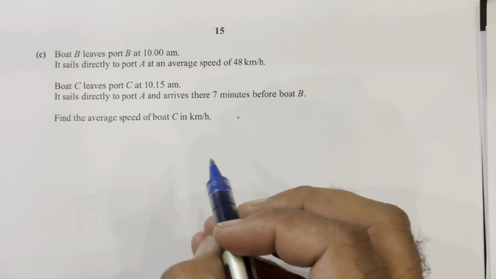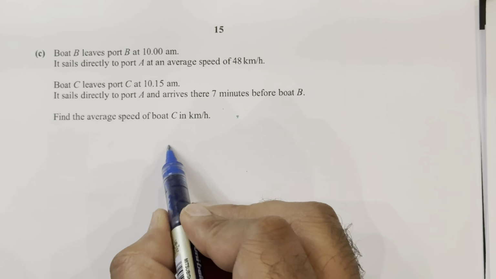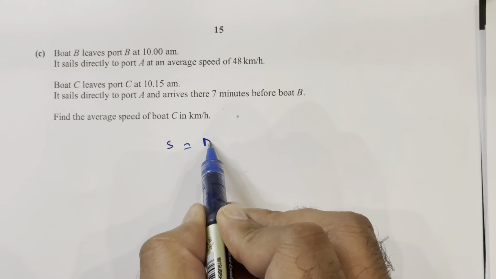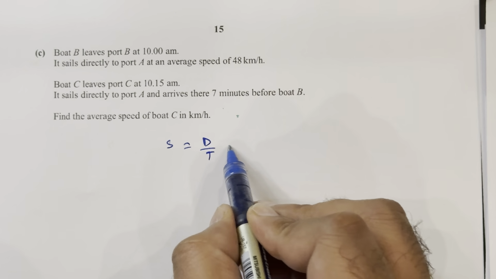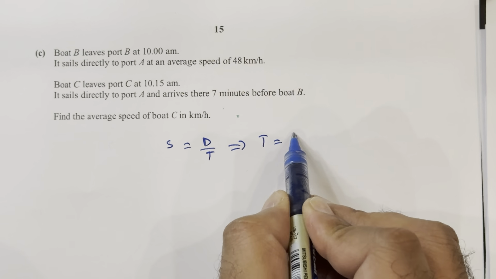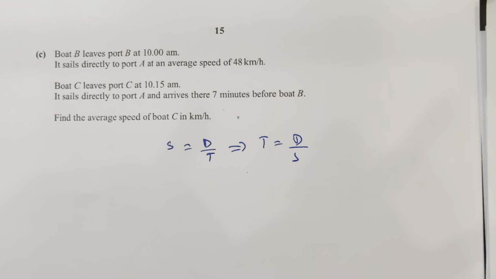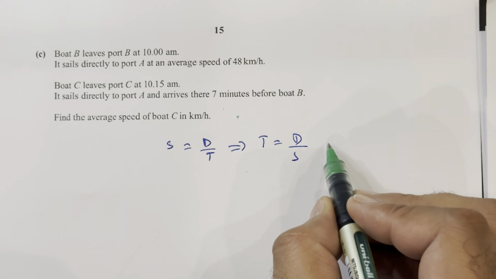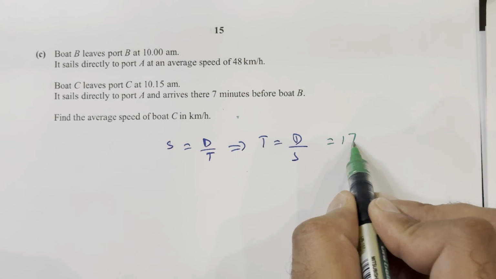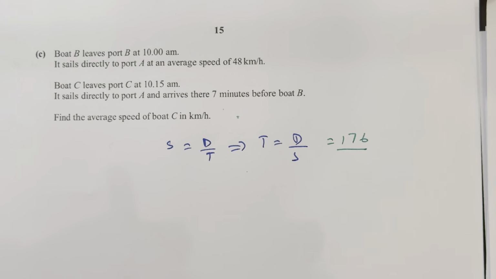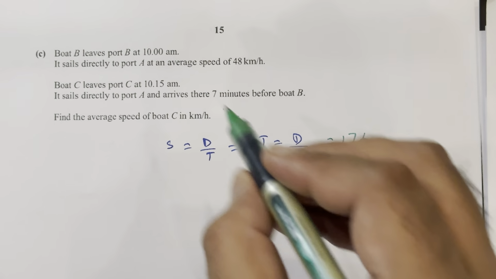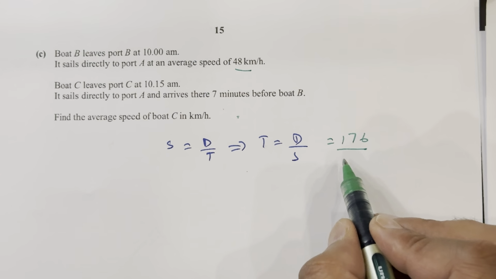Okay, we know that the formula for speed is distance over time, and here time is equal to distance over speed. Distance between A and B is given, that is 176, and the speed is also given, that is 48 kilometers per hour.